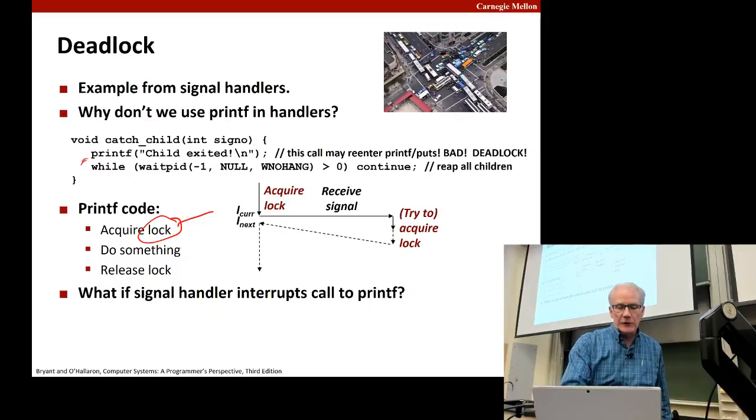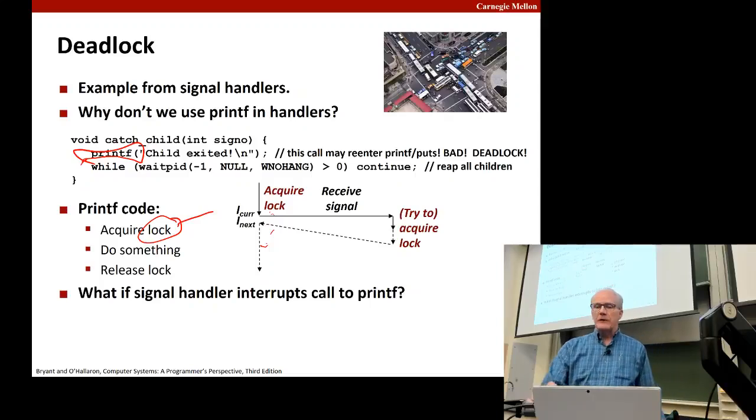Because the signal handler has a printf in it, printf does what printf does: it tries to acquire a lock. The problem is it can't get that lock, because the lock belongs to the main program, and the main program can't release the lock until the signal handler exits and returns back to the main execution.